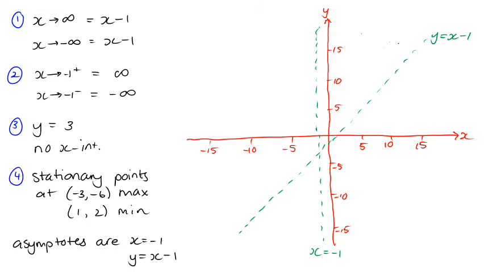Okay, so we've got our stationary points at 1, 2, so roughly here, and at -3, -6, so roughly here. We know that as x approaches -1 from the positive side, so that's up the top here, as we're getting closer and closer to this asymptote, we're approaching infinity. So yeah, we'll go through 3, so that's our y-intercept.